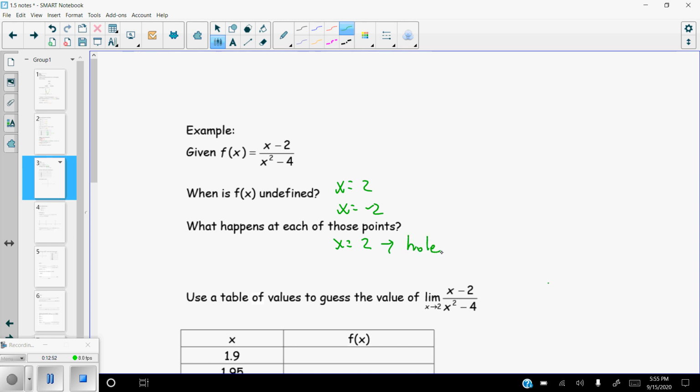We'll show this graphically, because we want to make sure that we see what that looks like. And then at x equals negative 2, because that does not make the numerator 0, but it does make the denominator 0, you end up with a vertical asymptote.